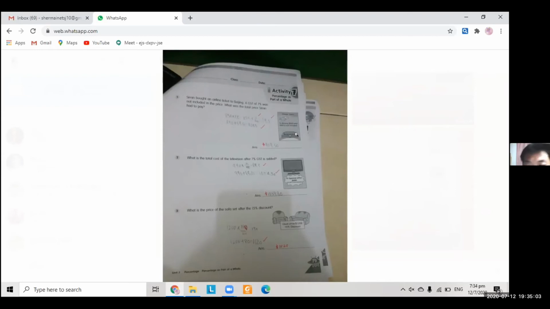No, why you times first? I times because they ask for, because they include GST. So I times the 7% inside. So you times 7%. What does this actually give you if you times 7%?